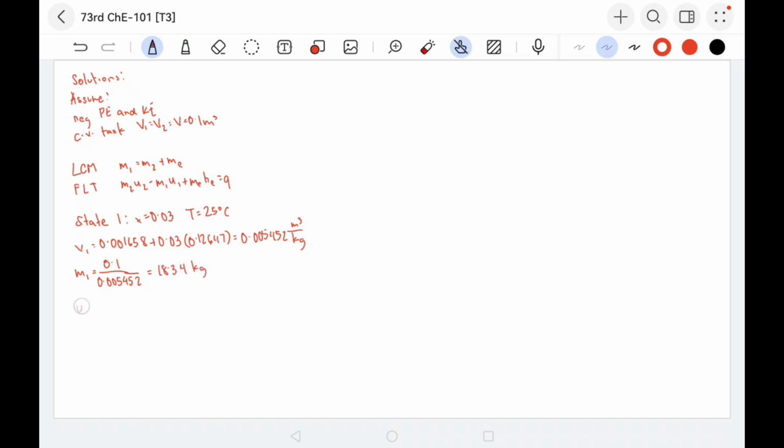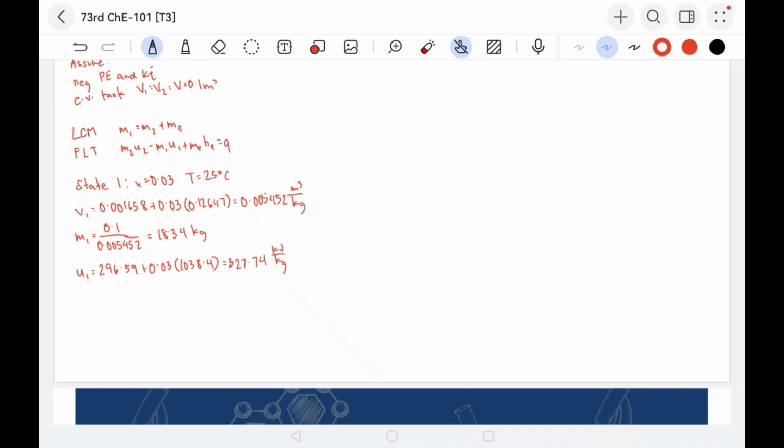As for our other value, our U1, we can use the same formula as V1 to get our value, which is 296.59 plus 0.03 times 1038.4 to get a value of 327.74 kilojoules per kilogram. So we now have two of our unknowns for our formula.